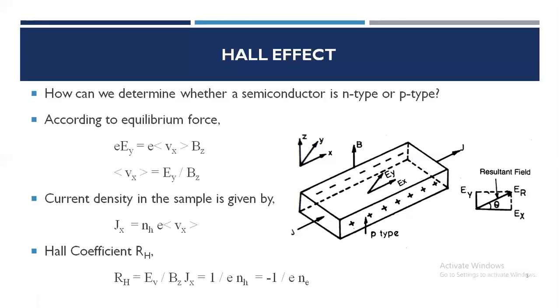It can be written as RH equals Ey divided by Bz into Jx, equal to 1 upon e into Nh, and also it can be written as minus 1 upon e into Ne. Here you can differentiate Nh and Ne. Nh appears on the front side, so for holes it is considered a positive value, that is 1 upon e Nh, and electrons appear on the back side, so it is considered in the negative direction, that is minus 1 upon e into Ne.